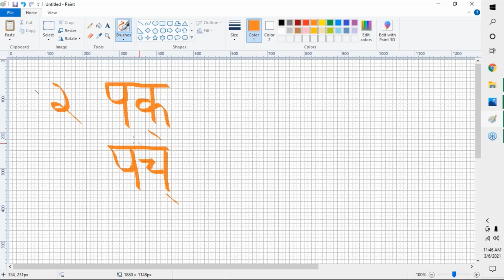So that means this is half. What we do here, pa is full, no problem. Ka, this is just ka. Because it is at the end, I will write this full, and then this halant symbol in Devanagari is like this. We know that in Sharda Lipi it is like this.